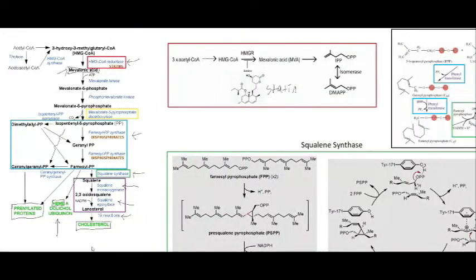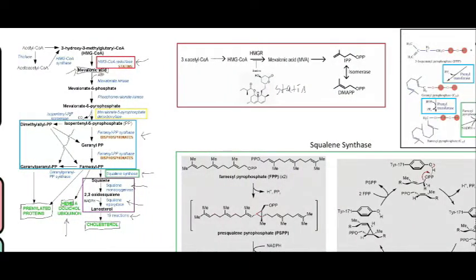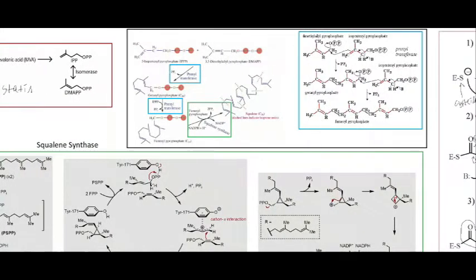And then the next step, there are these prenyl transferase steps. We've gone over that in previous videos, but just a quick overview. This double bond here, the electrons are going to this.